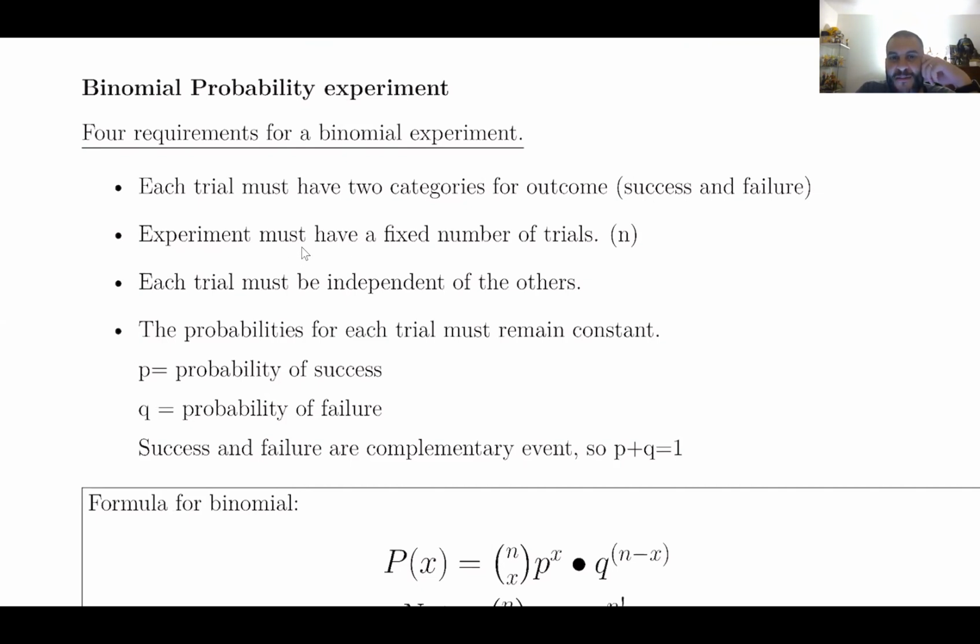Next thing, an experiment must have a fixed number of trials. When we were doing the multiplication rule, how do I know when to use it, other than the events having to be independent?